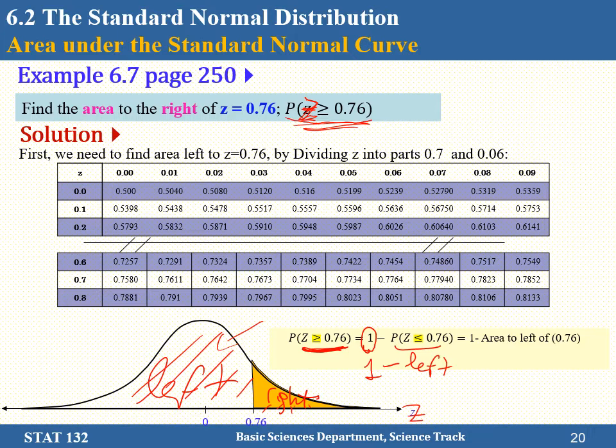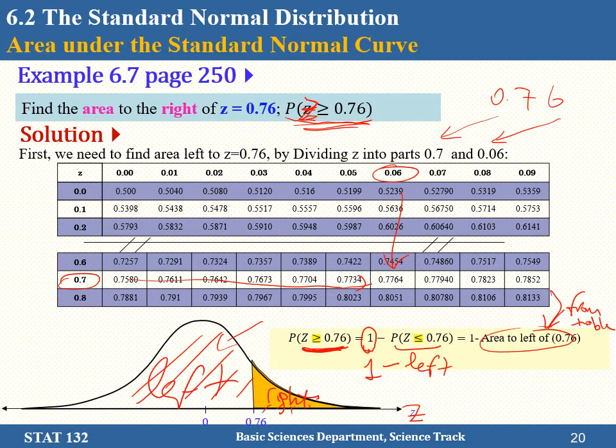So it will be 1 minus the area to the left of 0.76, and you get this from the table. You have two components, 0.7 and 0.06, and the corresponding number will be 0.7764.